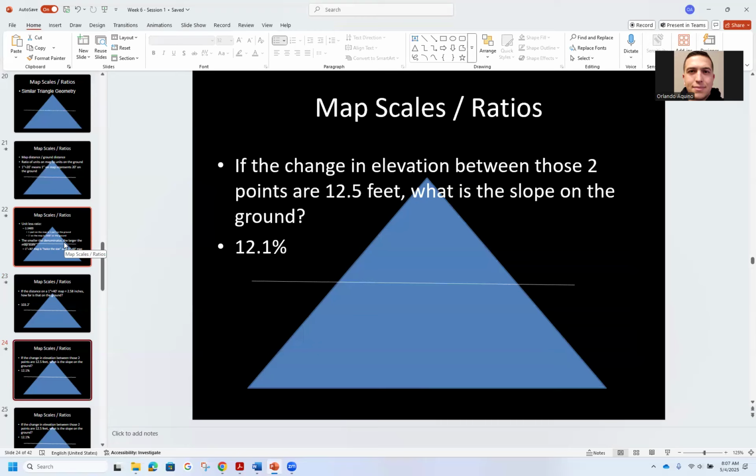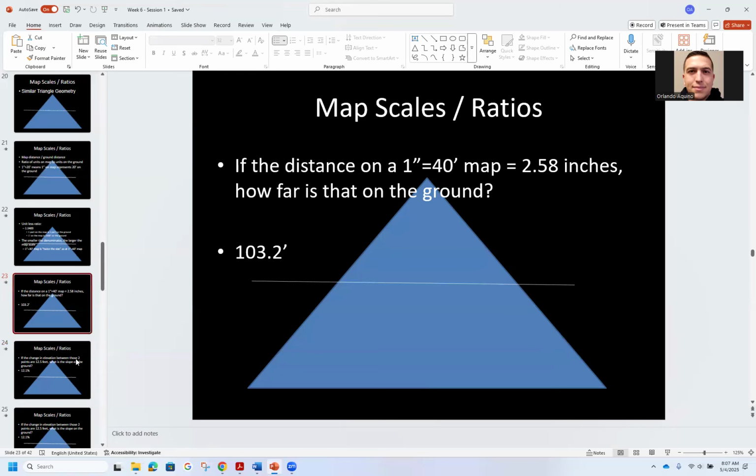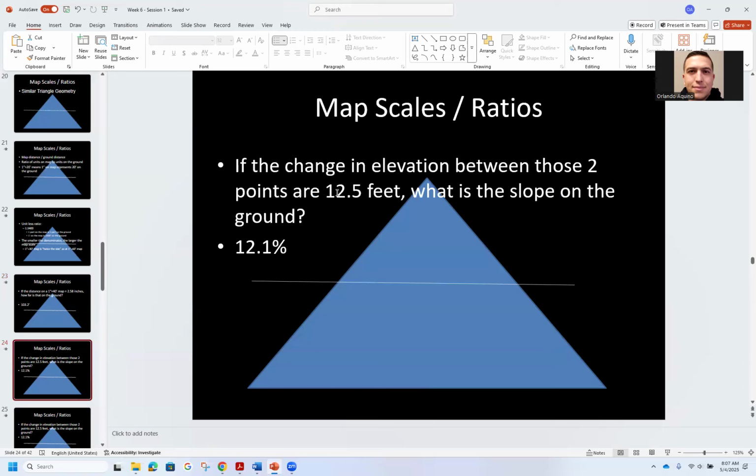All right. So now on the other side of it, if the change in elevation between 2 points is 12.5 feet, what is the slope on the ground? Well, 12.1%. Again, you've got 103.2 feet and then you have 12.5 feet.